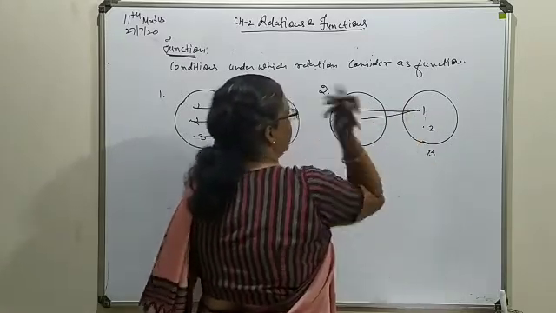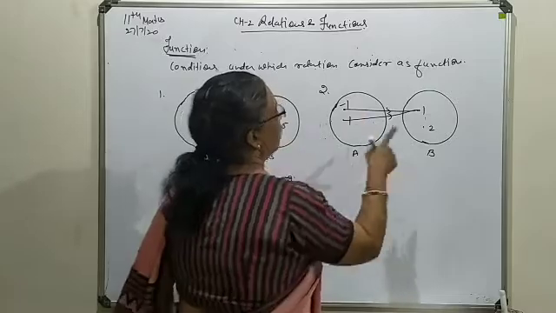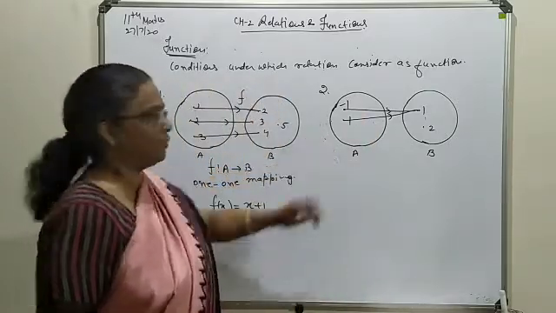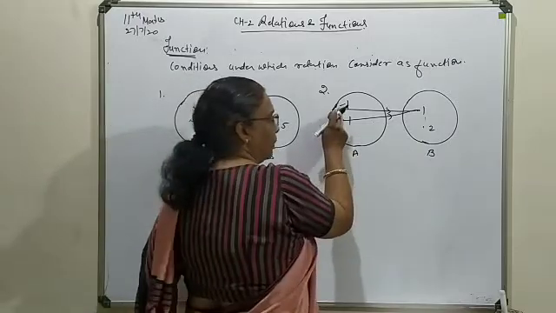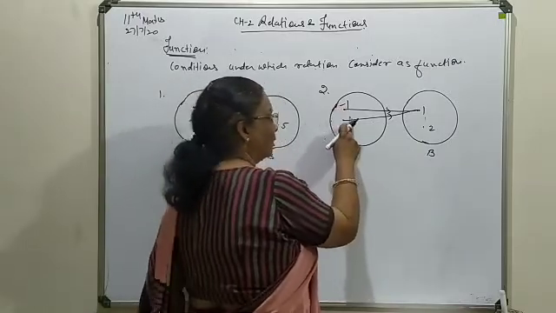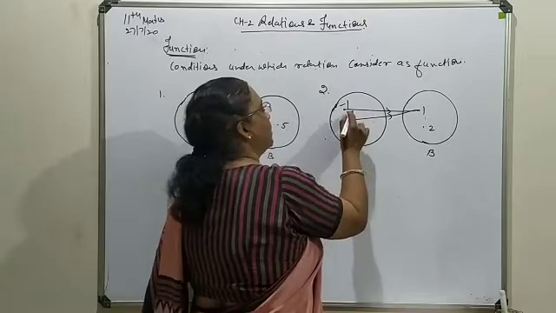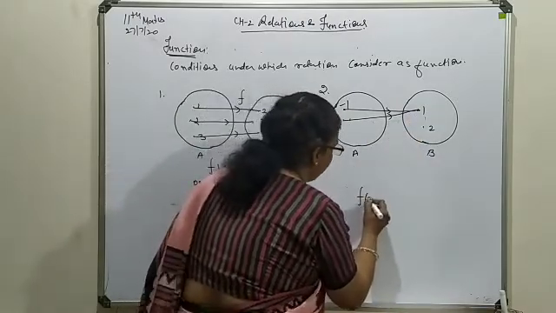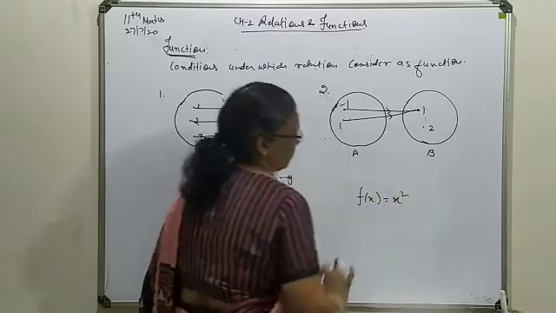This is one more example in which your relation turns into a function. Here you can say -1 and +1 both give you the single answer 1. For that purpose we make one example, f(x) = x square.